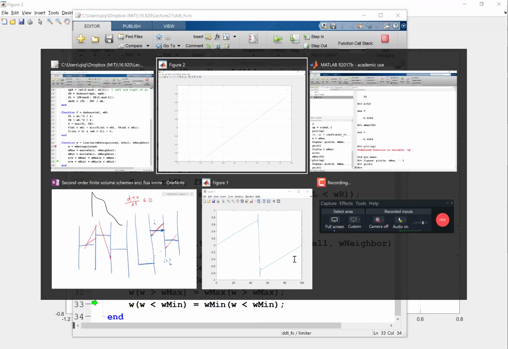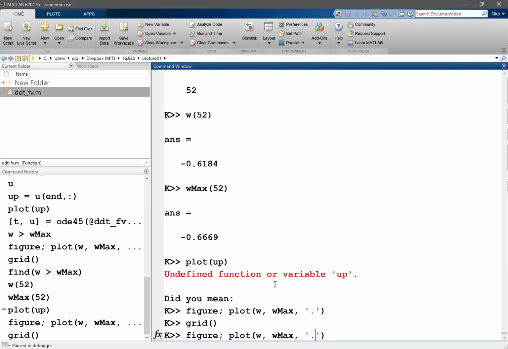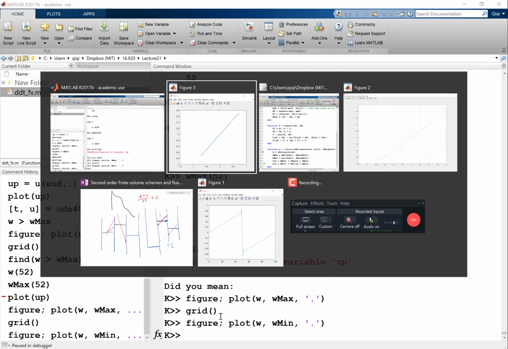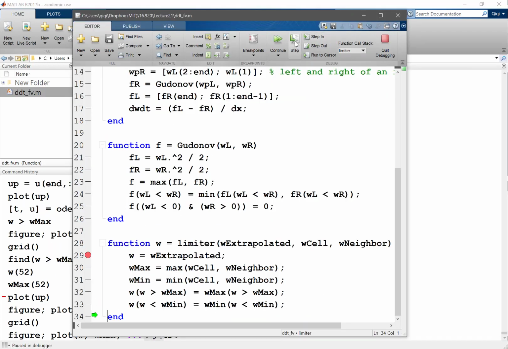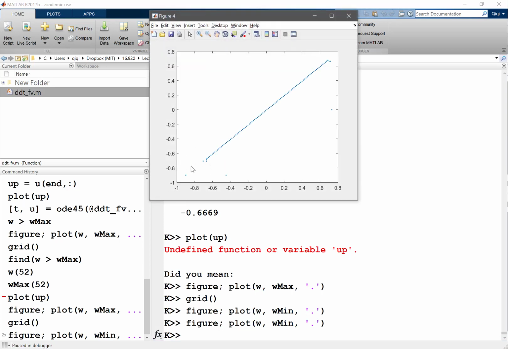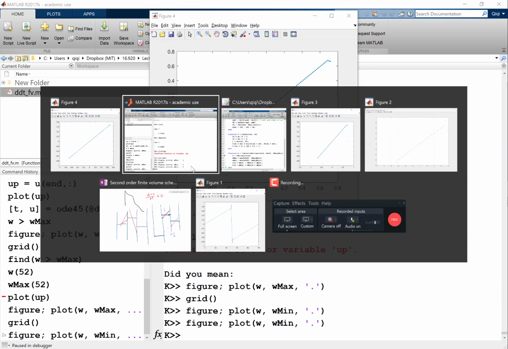So let's plot again. Here we should actually get this point truncated, and if we step on this, yeah, this is doing the right thing.